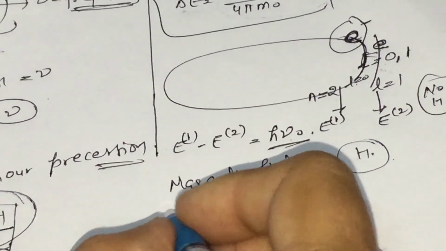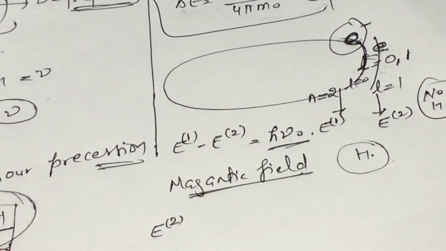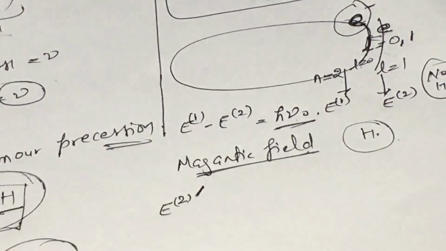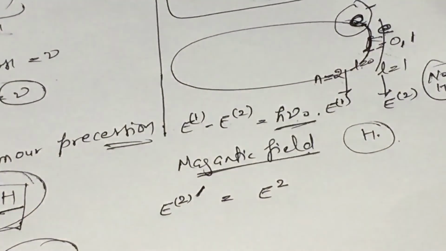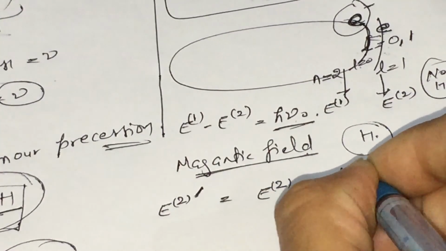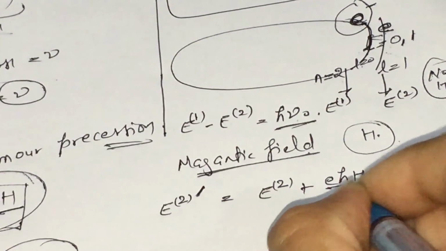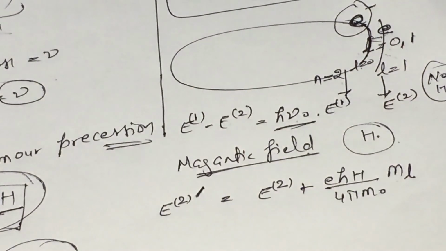It means now the new energy of the second electron, let us consider, is our E2 dash. It is given by the old energy plus the new energy, and the increase in energy in our case is given by this amount.